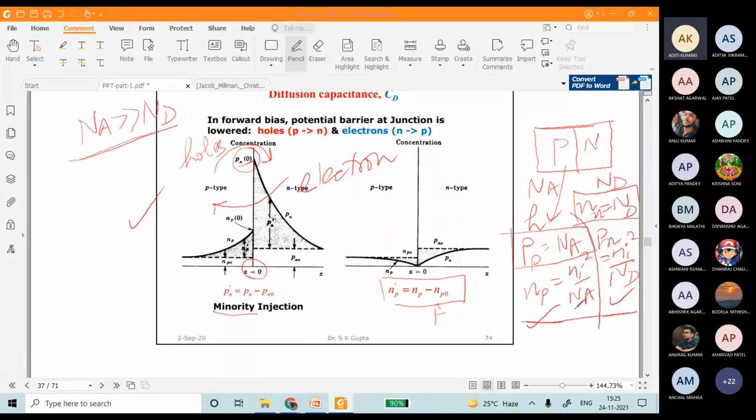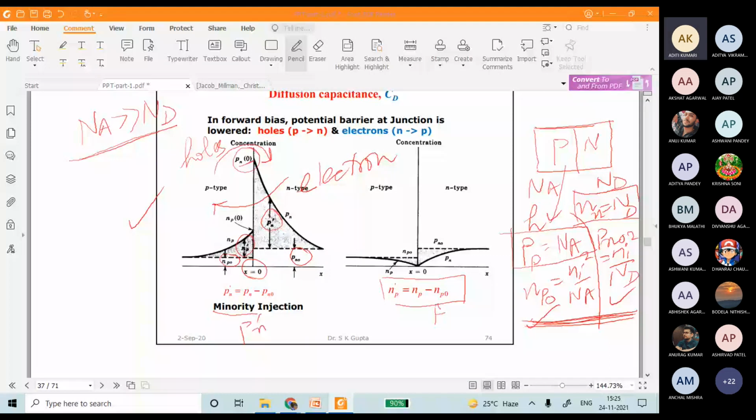And at the bottom of these equations we can see these are shown by NP0 and PN0. So PN0 and NP0 are the concentrations at equilibrium. Some extra carriers have been injected, and those extra carriers are shown by PN dash and NP dash respectively.